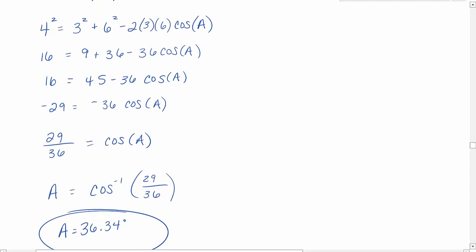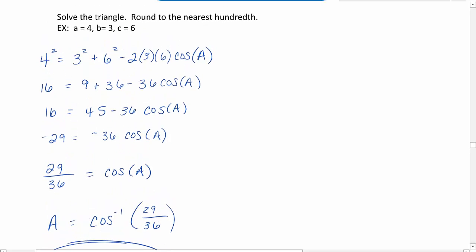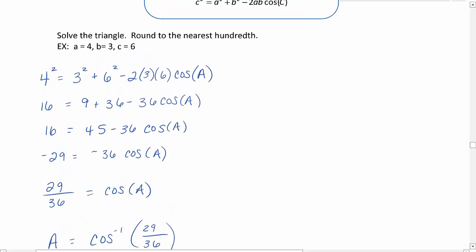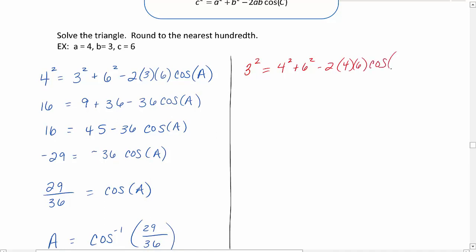Now we need to do the same thing to find a second angle. This time I'll use side B first. First side squared equals the other two squared and added together minus 2 times those two sides times cosine of the first side.